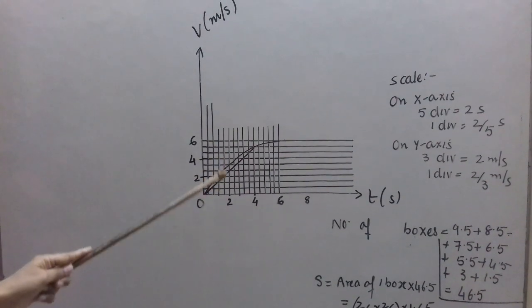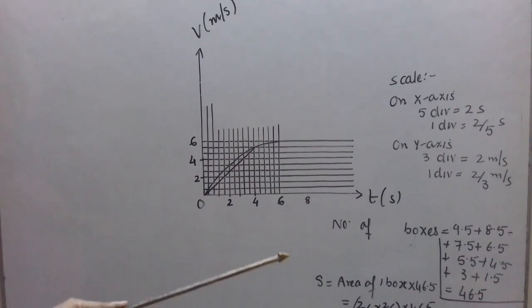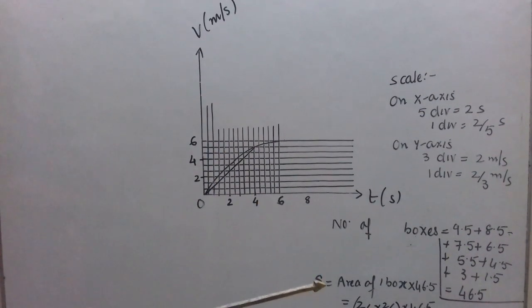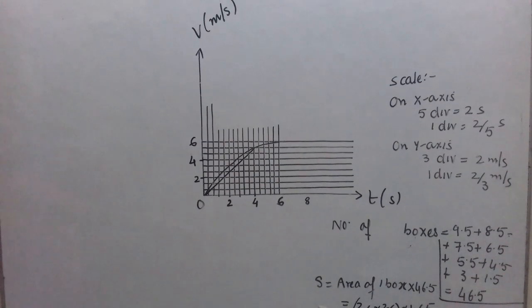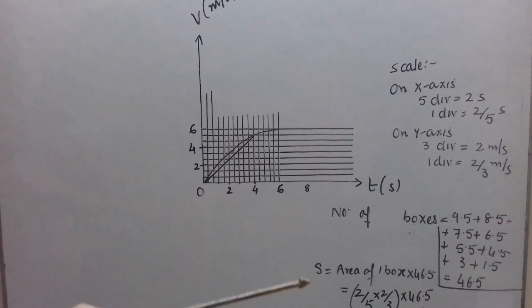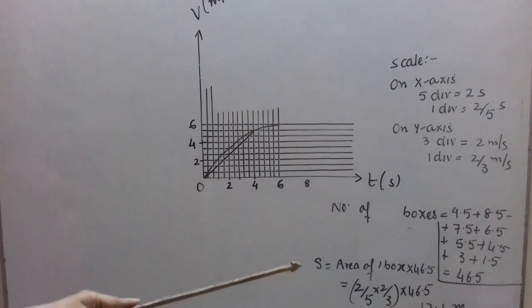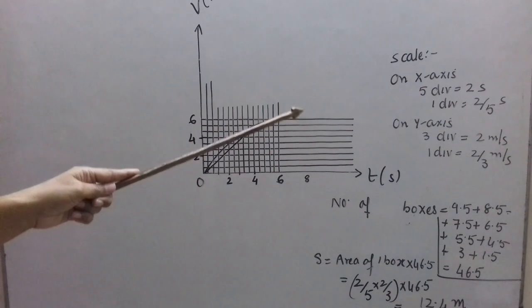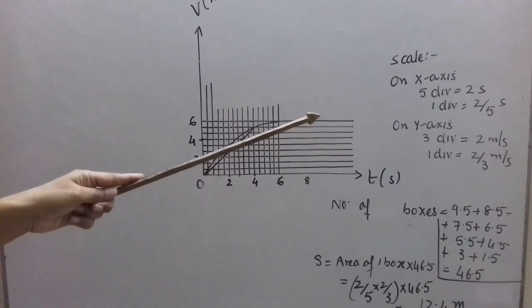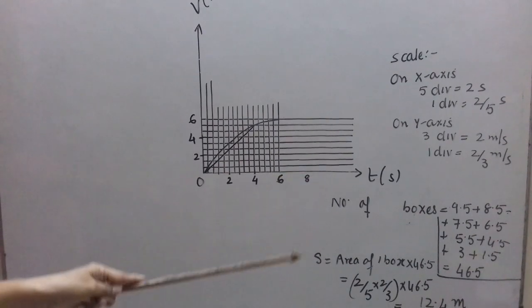Now we know the distance travelled will be the area under the graph, that is the area of all these boxes. What will be the area of all these boxes? Area of one box times 46.5, the number of boxes. And the area of one box, just see the scale: length is 2/5 seconds and breadth I can take 2/3 meter per second.